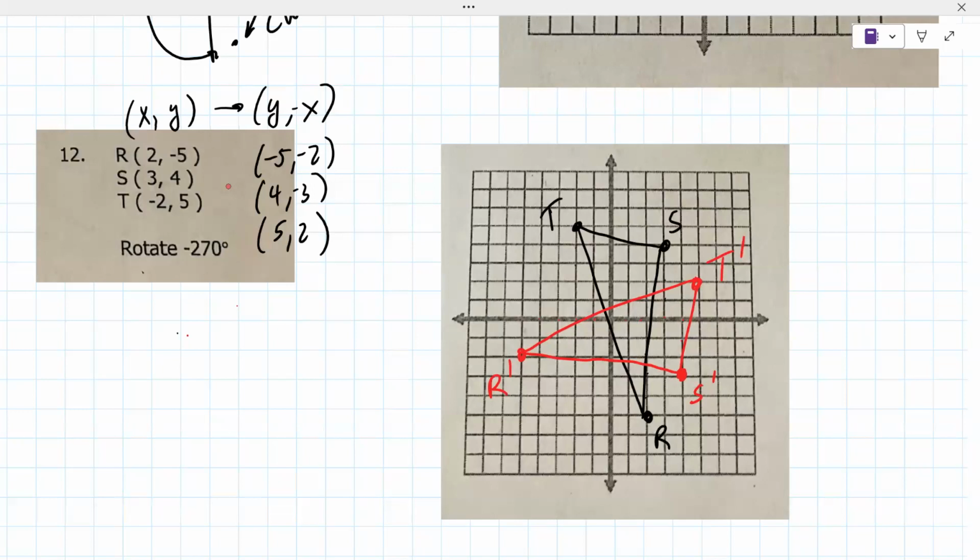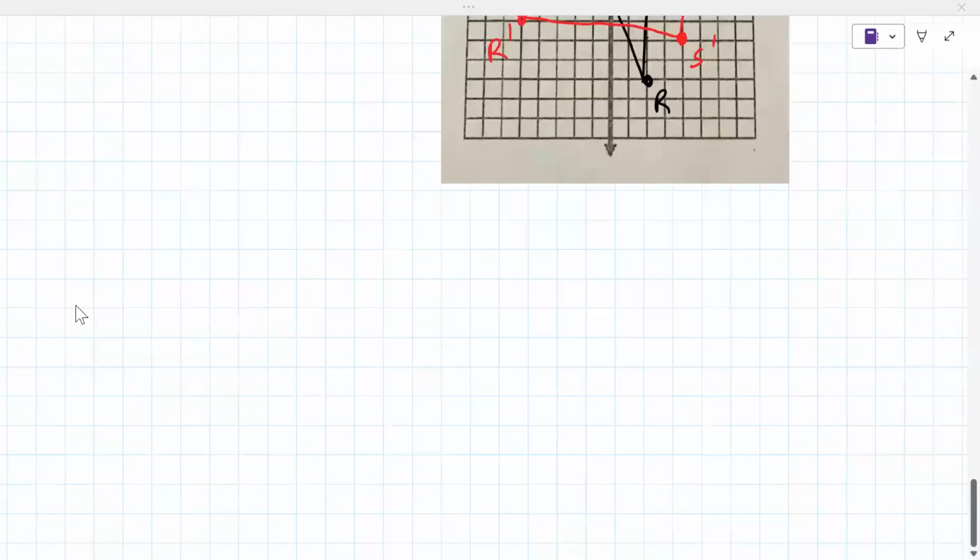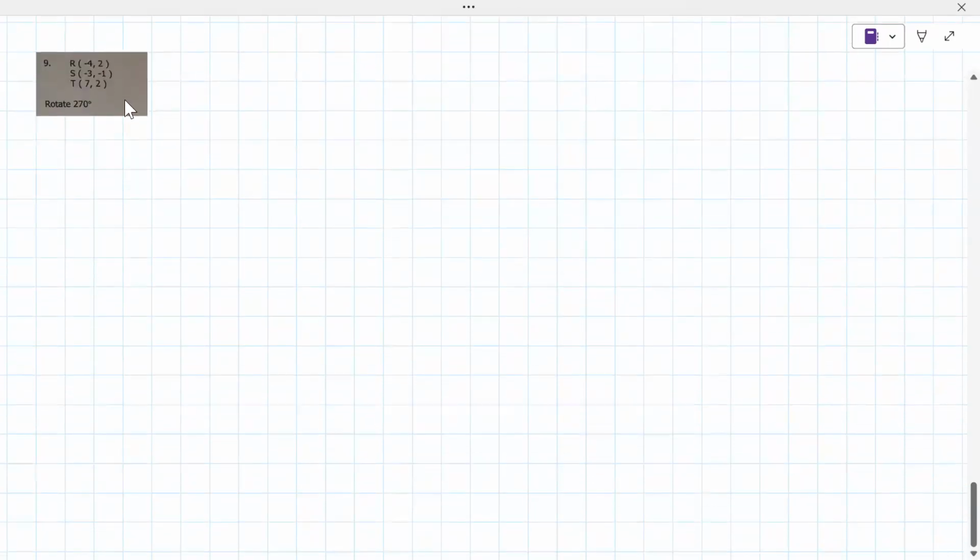All right. So you got all that down for these two? Yep. All right. So we'll go to number 9 next. Number 9 is a rotation of 270.